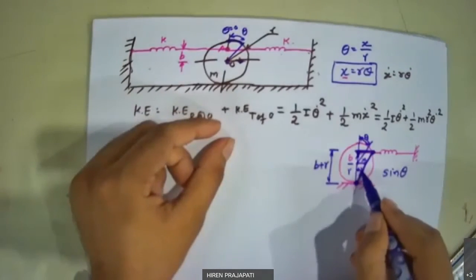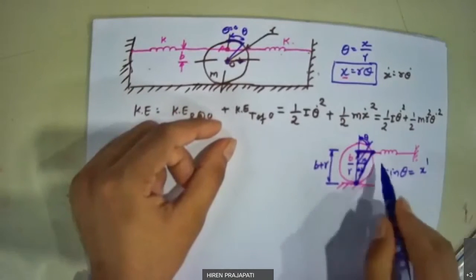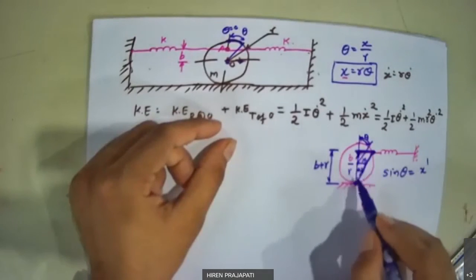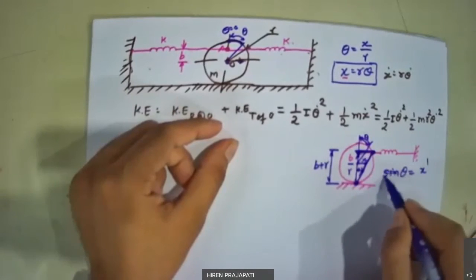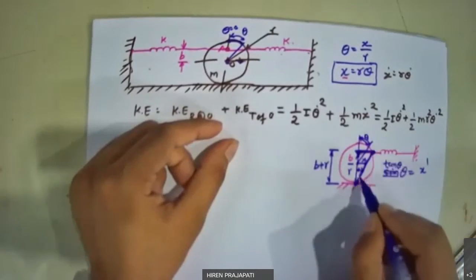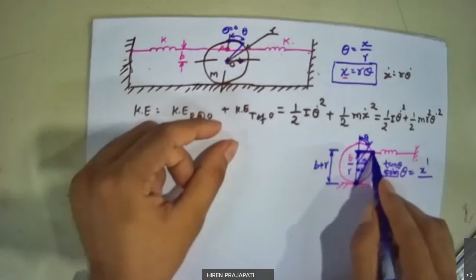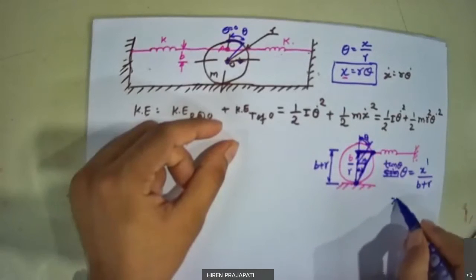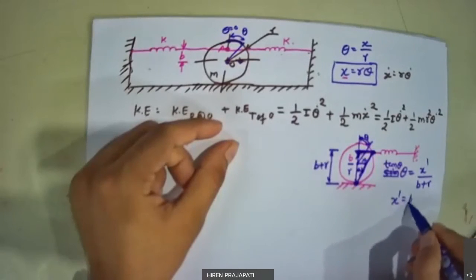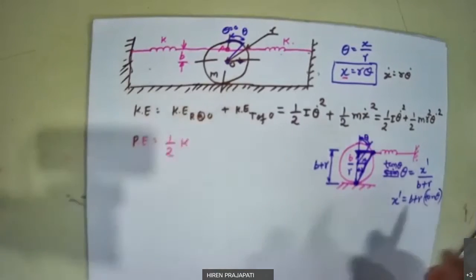So sine theta is equal to the opposite side, the actual deflection x dash of the spring, divided by, let me take not sine theta but tan theta, because tan theta is equal to opposite side divided by nearest side, right? So tan theta is equal to x dash divided by b plus r, right? So I can say x dash is b plus r tan theta.